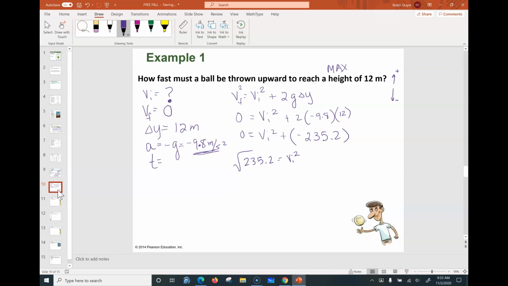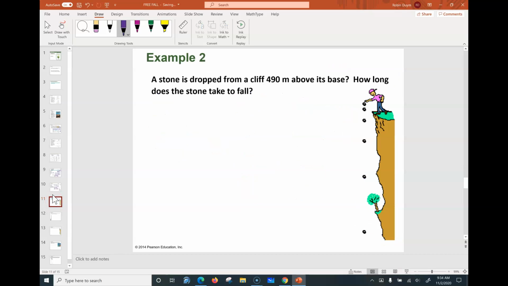So you've got to take the square root of both sides and you end up with an initial velocity of 15.3 meters per second. Now remember, when you take a square root, it's plus or minus, but we know that we threw the ball upward, so we're going to choose positive for our answer. And you'll see how that comes into play in our next example.